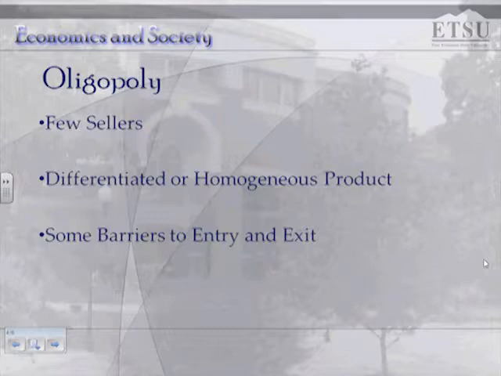We think about maybe automobiles being an oligopoly type industry. There are a handful of firms that produce and sell automobiles in the United States, but there is a great deal of variety among automobiles, while there are also a handful of firms who refine oil into gasoline and sell it in the United States.